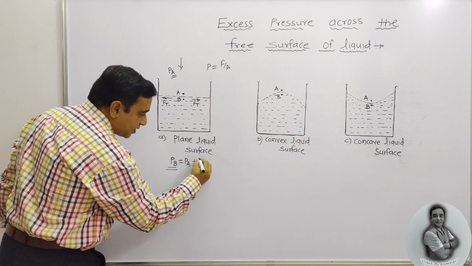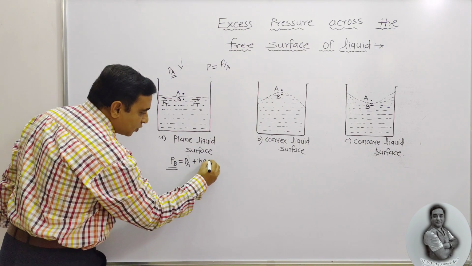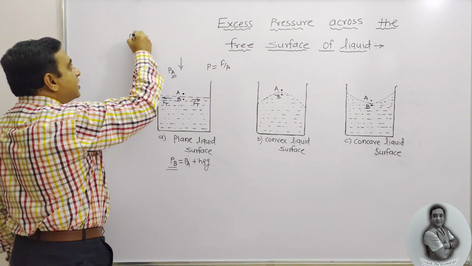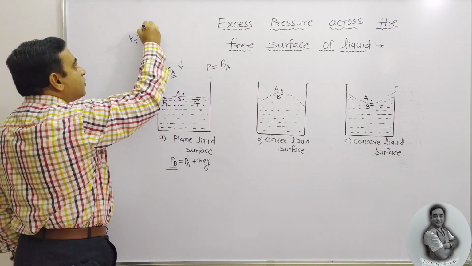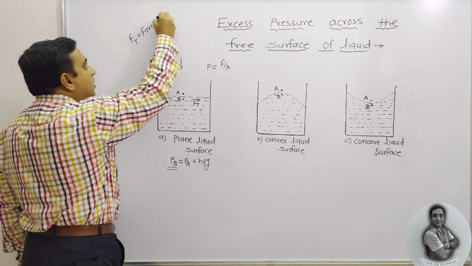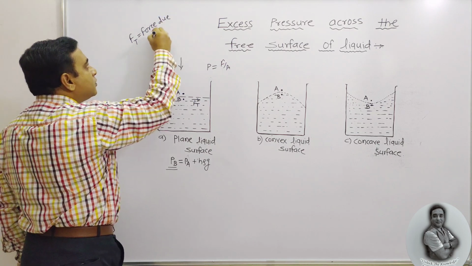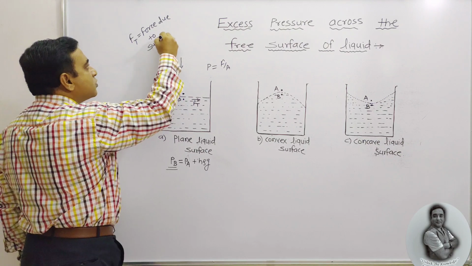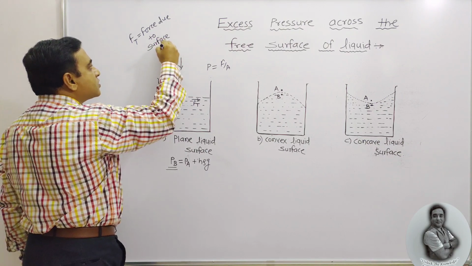That is, atmospheric pressure is how much? h rho g. Here Ft is the force due to surface tension. Force due to surface tension.